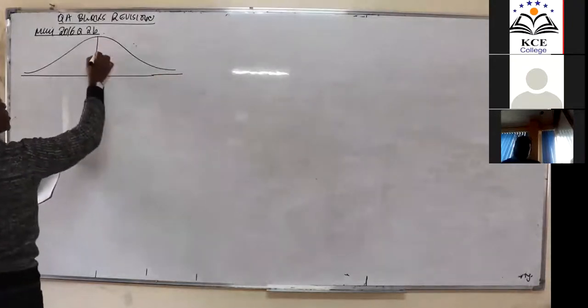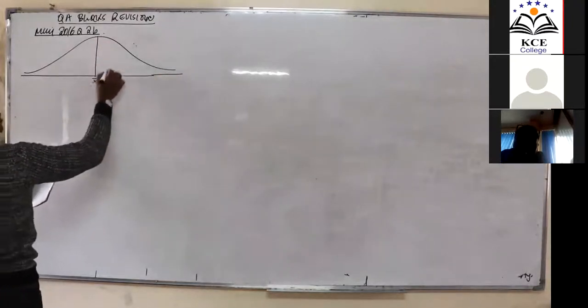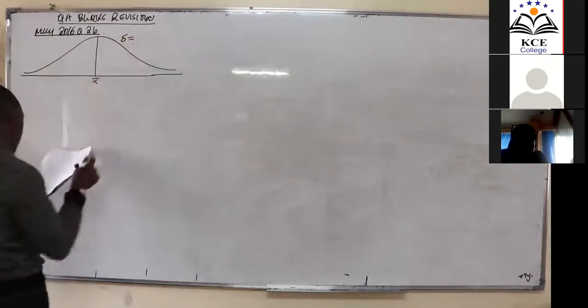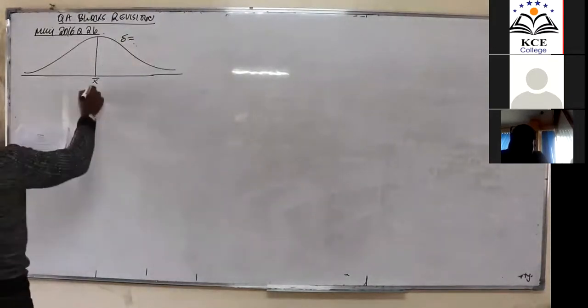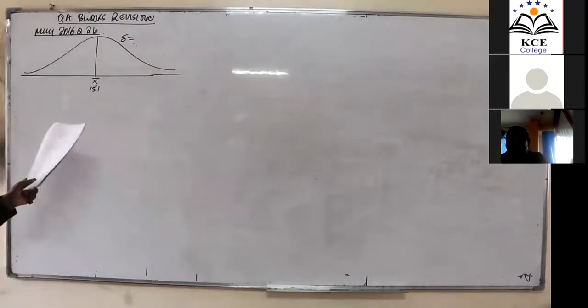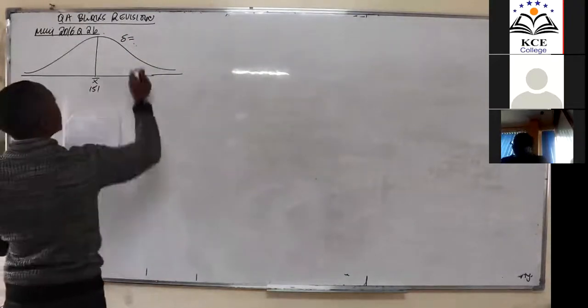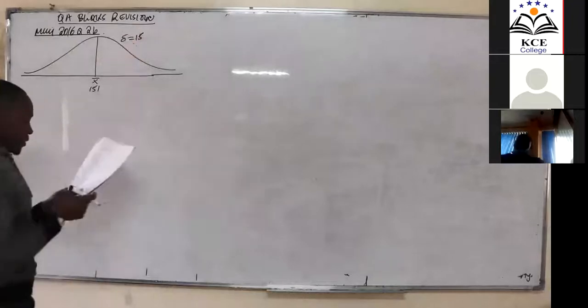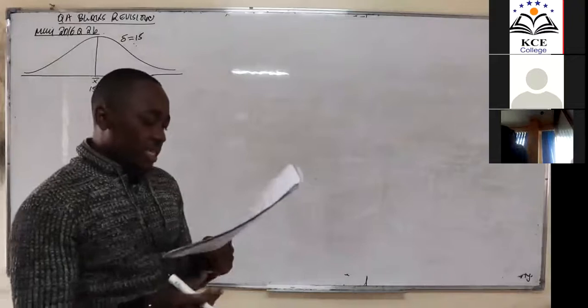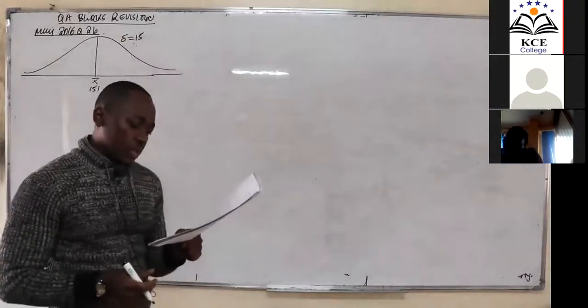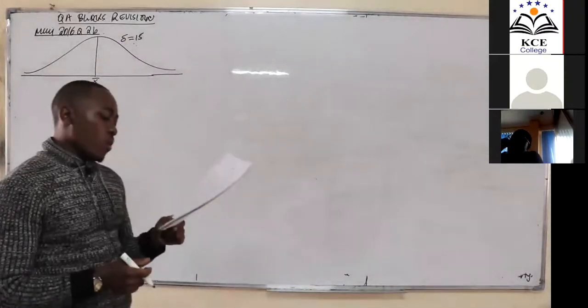Therefore, with normal distribution, you need to get the X bar, the mean, and the standard deviation. The standard deviation is 15. Required: the number of packaging tins that weigh between 120 and 155.